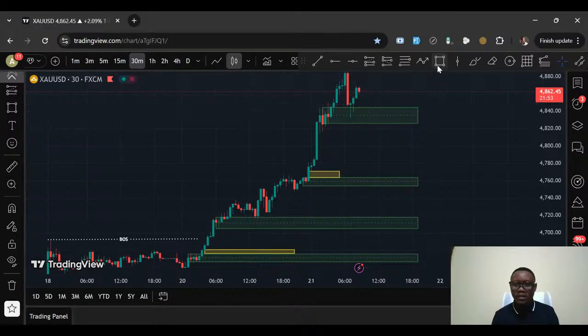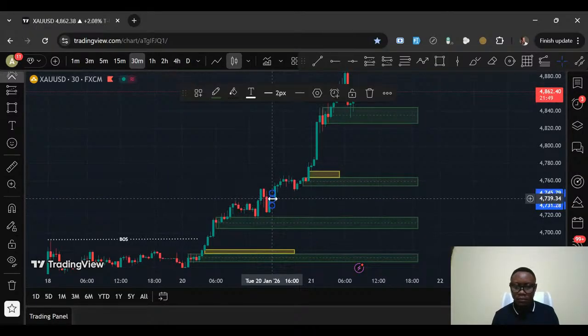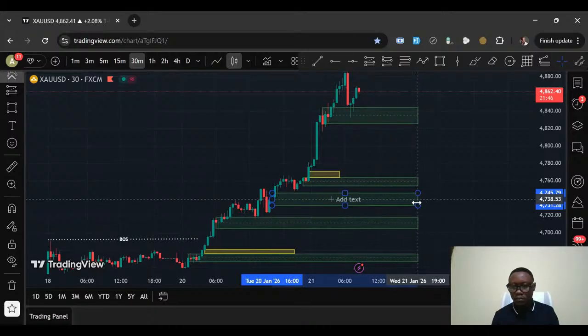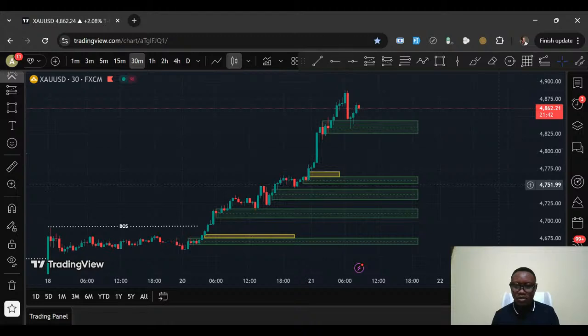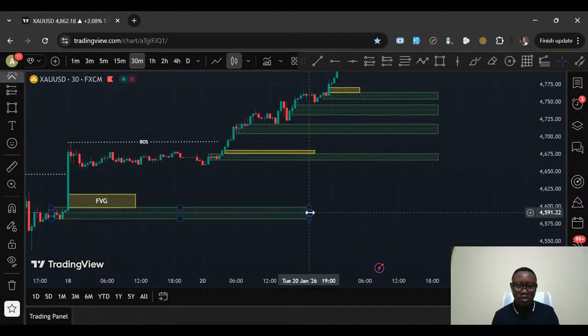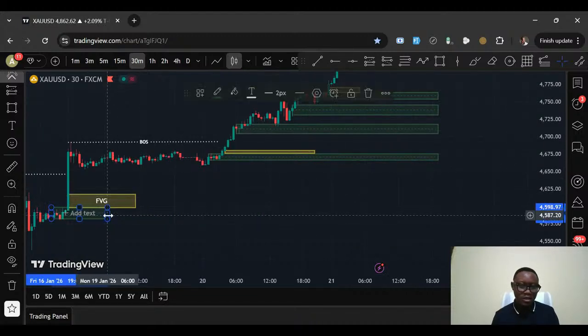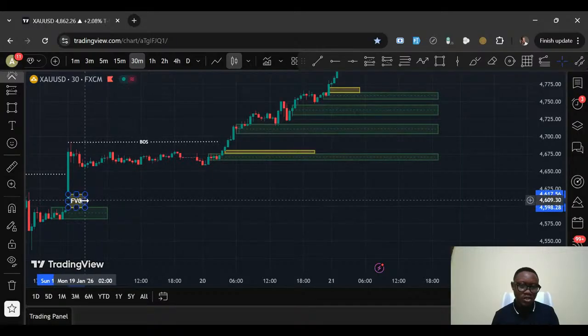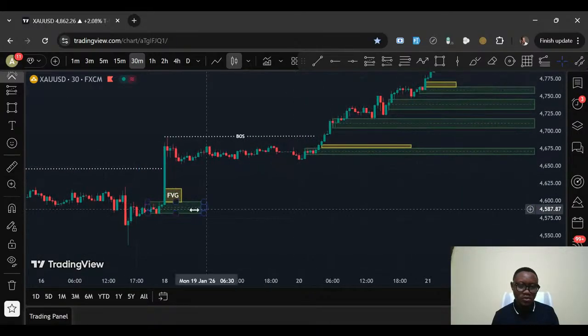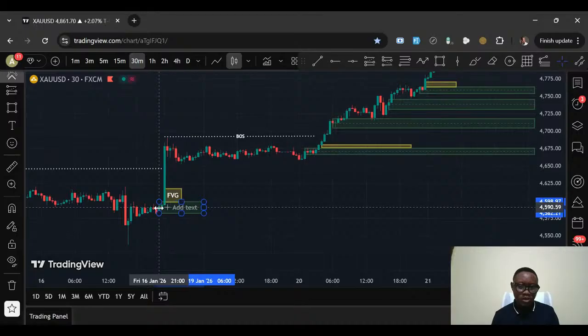All right, so we have another block here. I'm only interested in recent structures. I'll minimize this. I'm only interested in recent structure, so we can at least print some dollars right away.